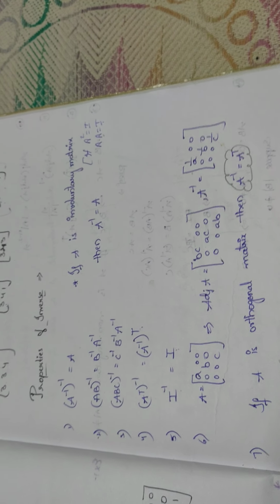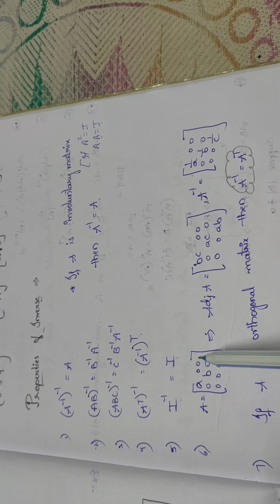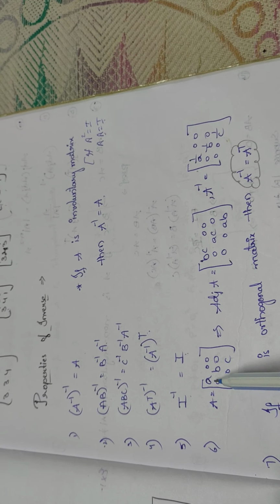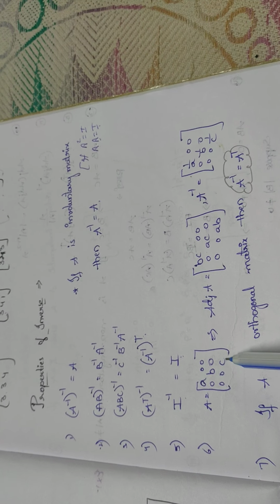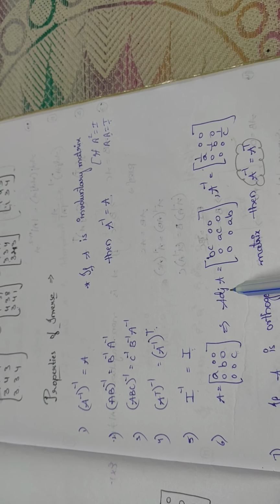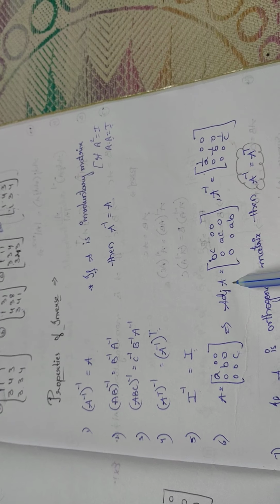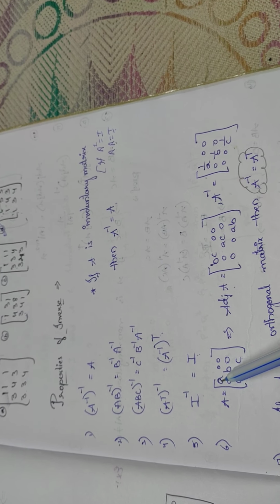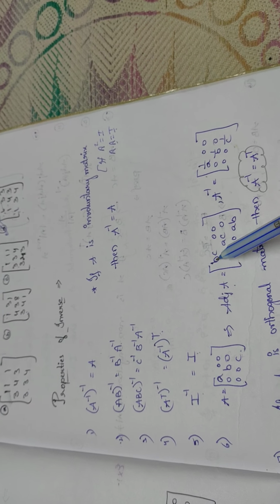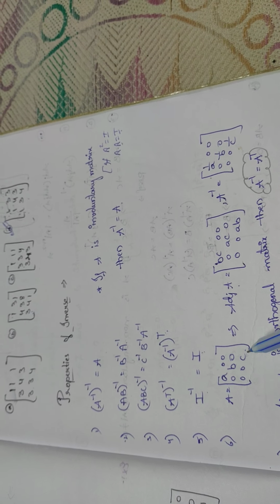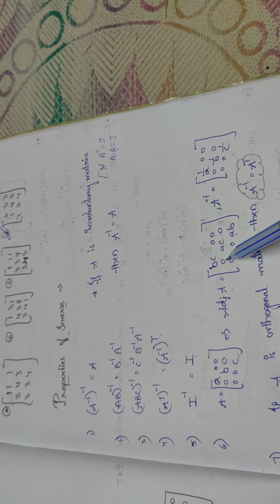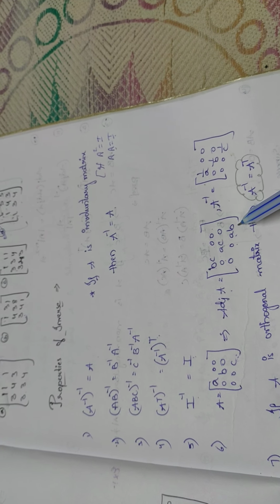Next, if A is equal to diagonal matrix with entries a, b, c and zeros elsewhere, so it is nothing but a diagonal matrix. Then adjoint of A is nothing but, for this a you take bc, for this b you take ac, for this c you take ab. So bc 0 0, 0 ac 0, 0 0 ab.